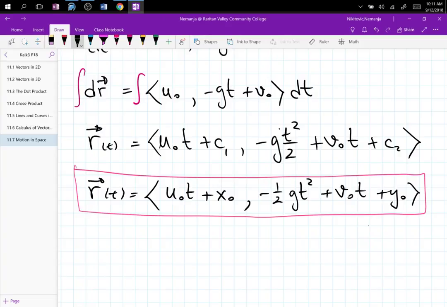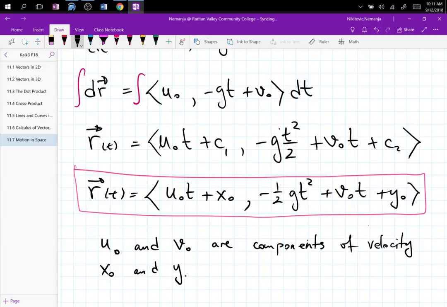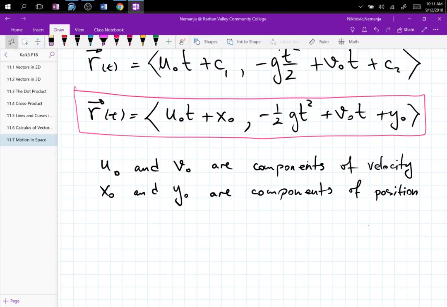First, I want you to realize that u0 and v0 are components of velocity, and x0 and y0 are components of position. So this is what we have.